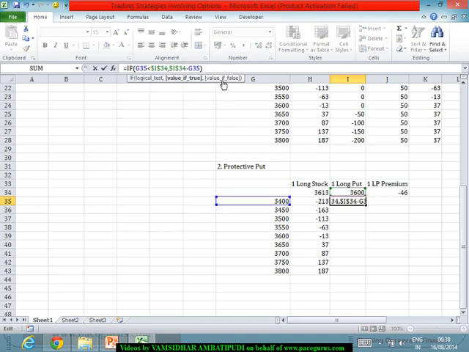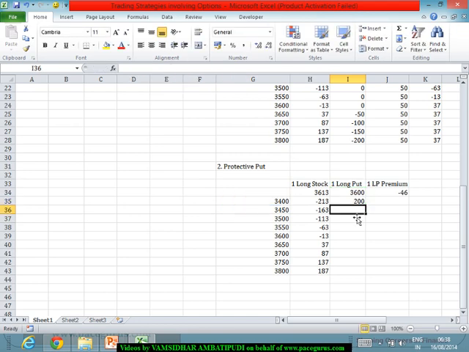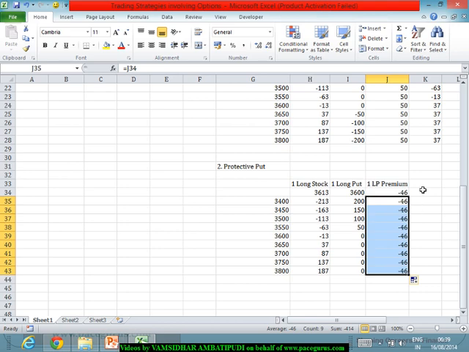In case you are not exercising it, you are not going to lose anything on it. So the gain in this case is going to be 200, and after this the gain disappears, because if the market price is 3650, the long put will not be exercised. Because it expires, nothing comes out. And premium-wise, the same amount has been incurred in all cases, because on day 0 when you entered into the contract, the premium was tied up.